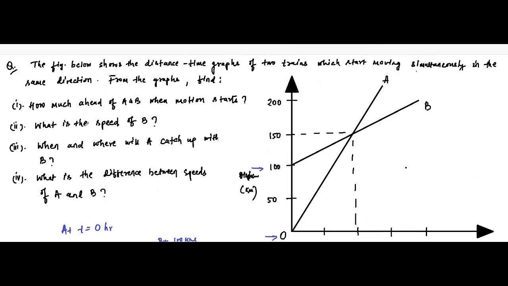Then we have to find the speed of B. We can do that from this curve B. So let us name them.